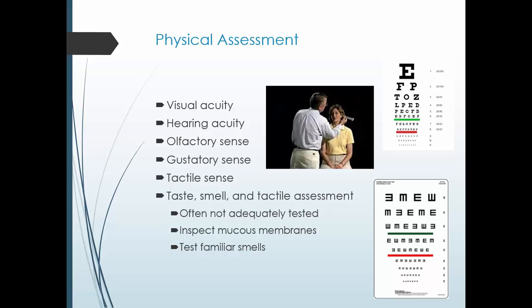In the physical assessment, visual acuity is done with a Snellen chart, which is where they stand 20 feet from the chart and read the smallest line with or without corrective lenses. It is recorded such as 20/20.